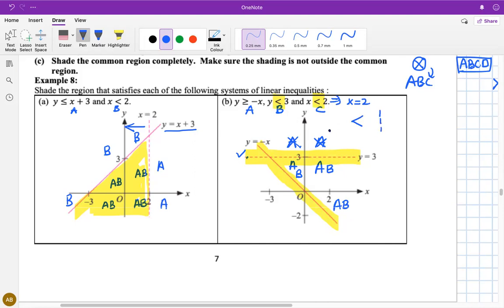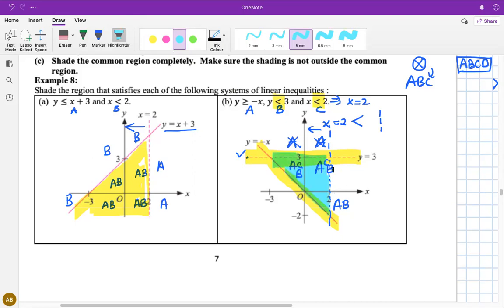So we draw the dotted line first, and we name it x equals 2. Less than means the left hand side, so there are 2 regions less than 2. That is this one C, this one also C. So the answer is, I shade with green color. Okay, this is the area.